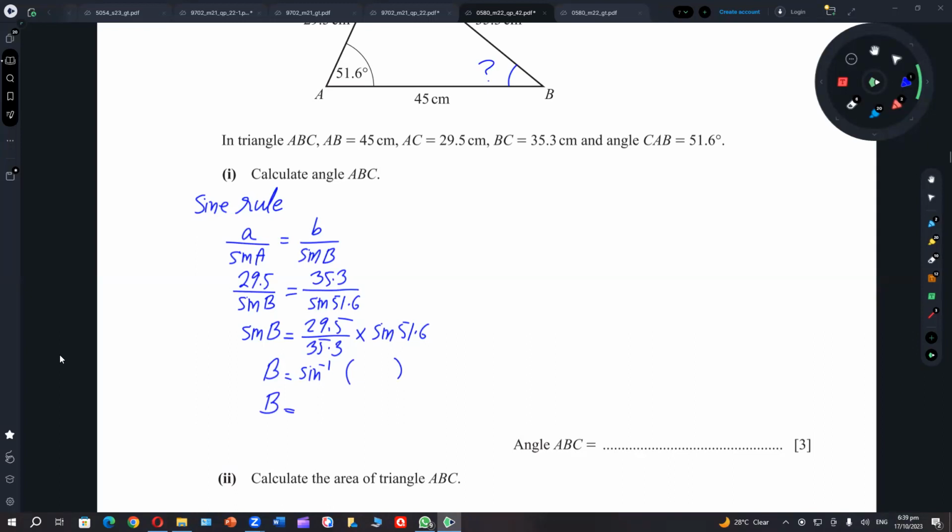So solve it. Calculator should be in degree mode.